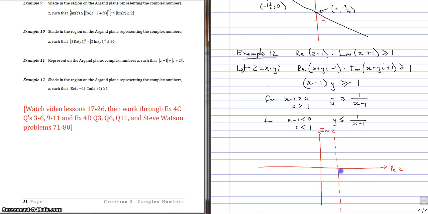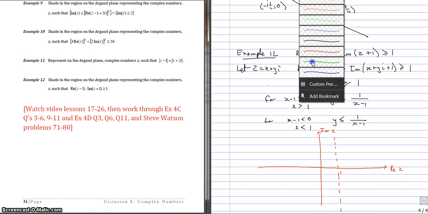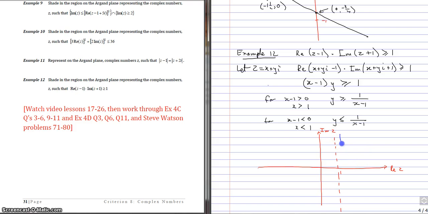So x equals 1 is our vertical asymptote, and it's going to have our graph, a curve shaped like that, and also like that. And our y-intercept here is going to be, well, when x equals 0, it's going to be 1 over negative 1, which is negative 1.